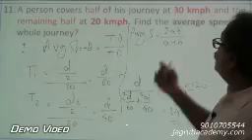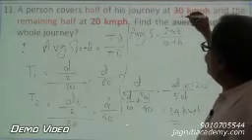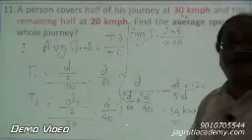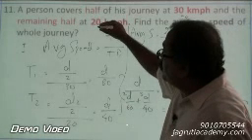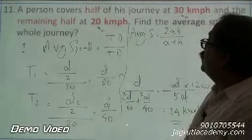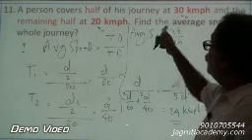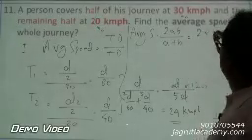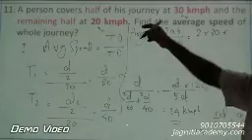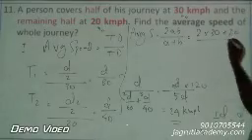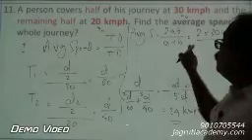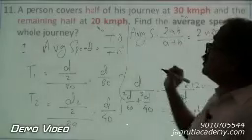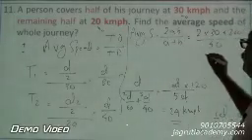So let's replace the values here. This is a, 30 km per hour, and 20 km per hour, this is b. So to find the average speed, 2ab, that is 2 into 30 into 20, by a plus b, that is 30 plus 20, which is 50.